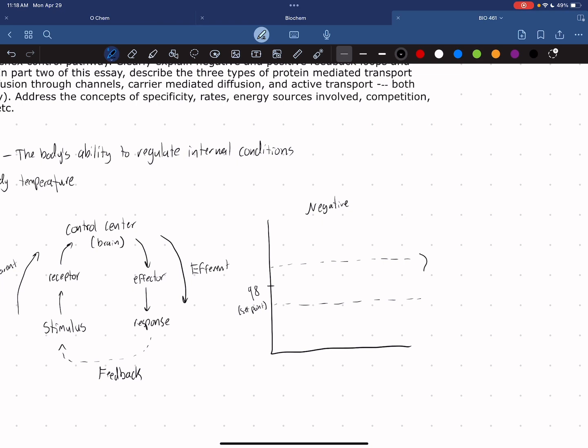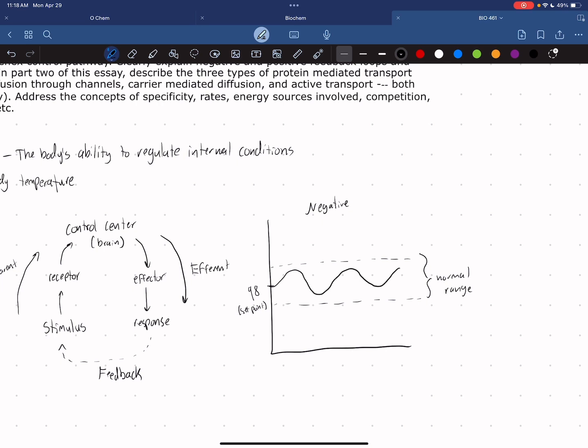What I just drew in the dotted lines is the normal range. We know that body temperature will fluctuate as different things happen, and so within this normal range, the body temperature will go up and down like this.